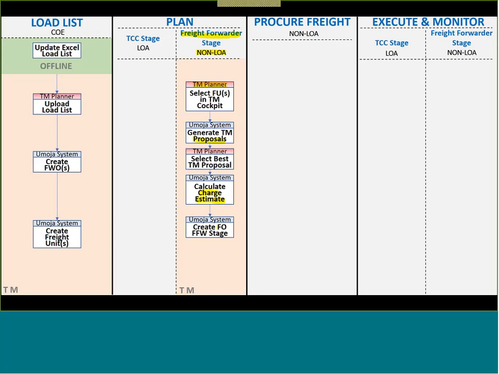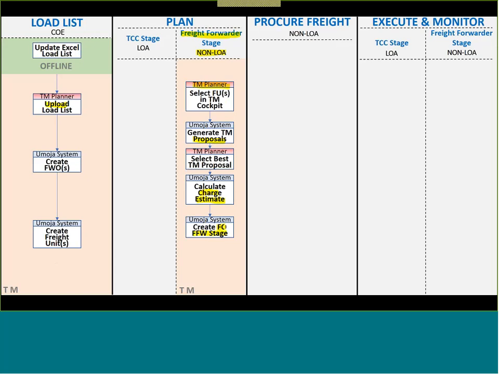And we will create the freight order for the freight forwarder stage. So this FO that in an LOA scenario was automatically created right after the upload, in a non-LOA scenario is triggered by the planner. So the planner will need to select the freight unit from the transportation cockpit and tell the system to create the freight order.